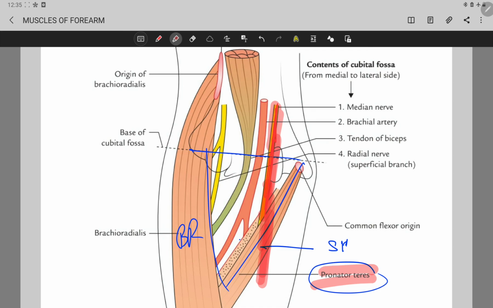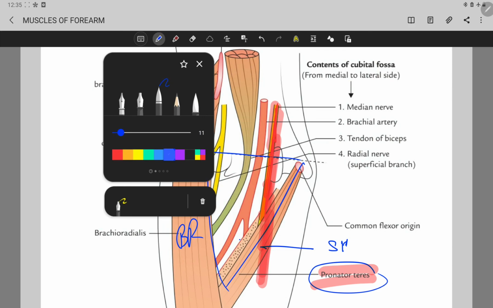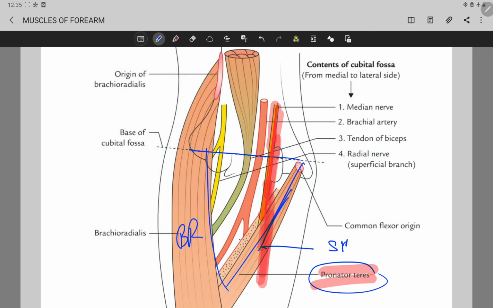So when the median nerve comes from the arm into the forearm, it passes in between the two heads of the pronator teres.